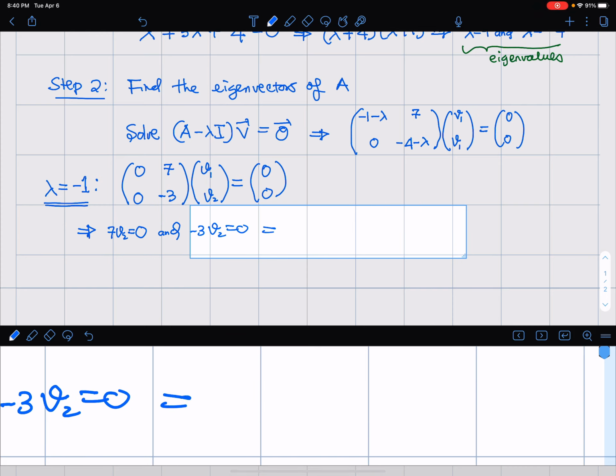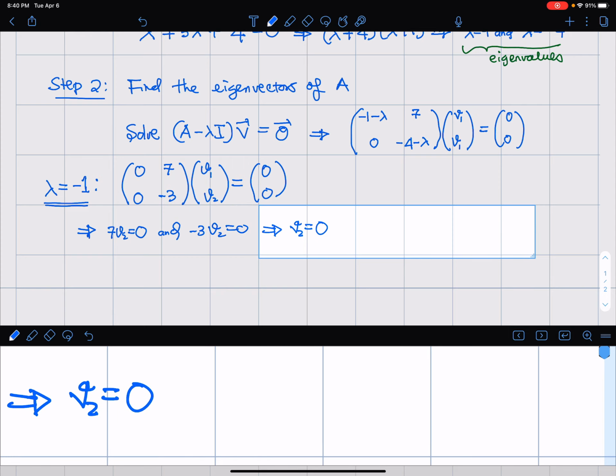So this just tells us that v2 is equal to 0. This doesn't tell us anything about v1. So if v2 is equal to 0 and we have no information about v1, then v1 can be anything at all.